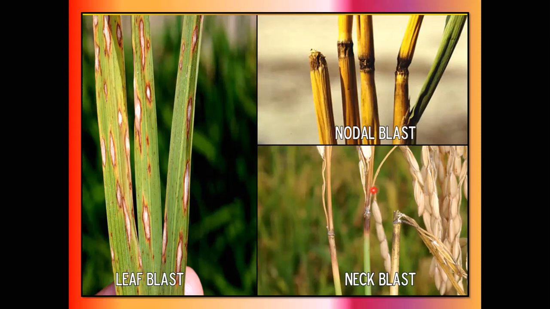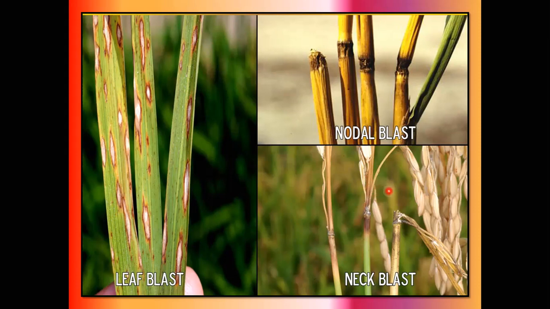Means these infections are generally seen before the actual grain filling in particular panicles. So these panicles have no grains formed. Only panicles are formed, but these panicles just grow erect.